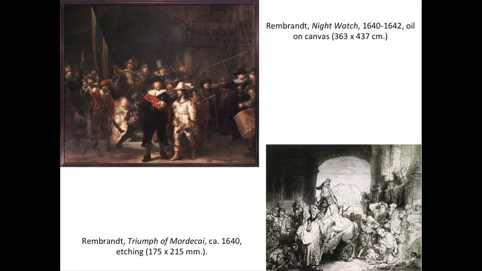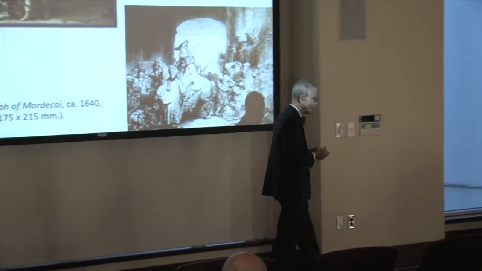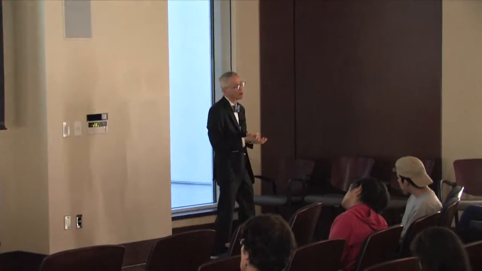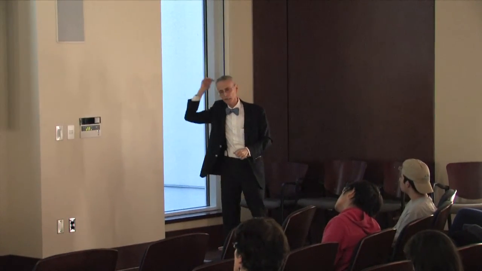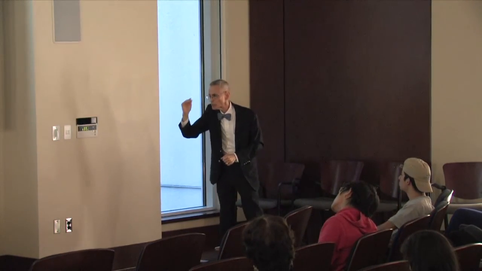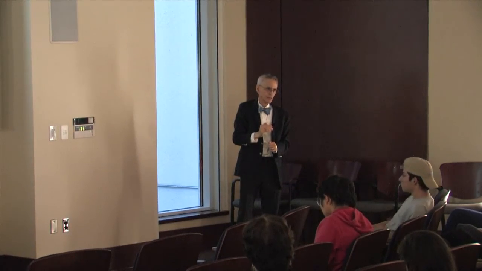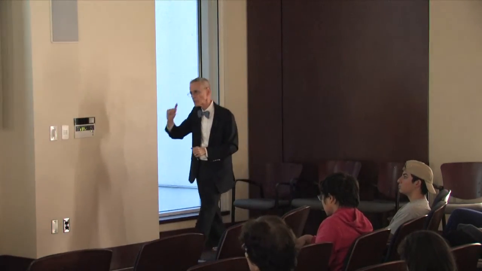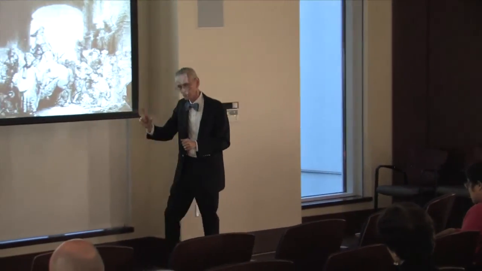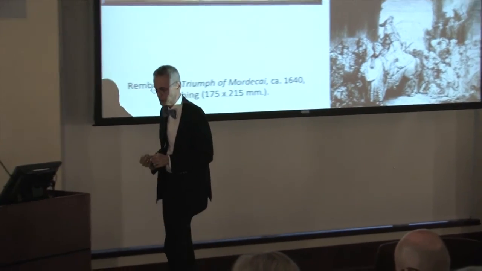Rembrandt is claiming in this picture that group portrait painting has a status akin to that of the highest kind of pictorial art, which is narrative history painting. He's producing a new kind of history picture, which is also a group portrait, and transforming the group portrait by showing that it can function as a history picture.